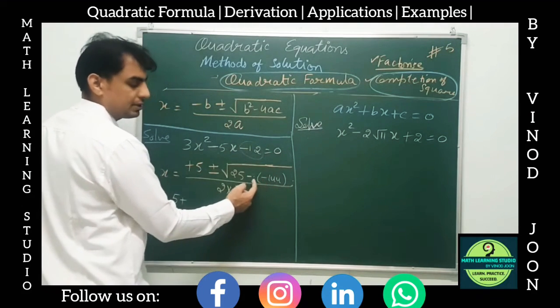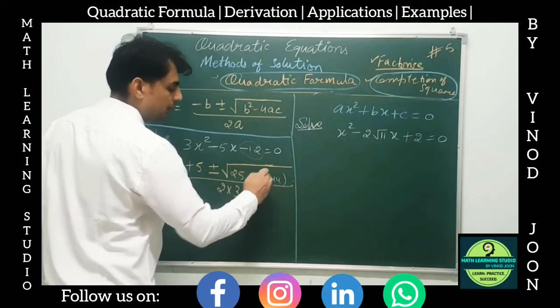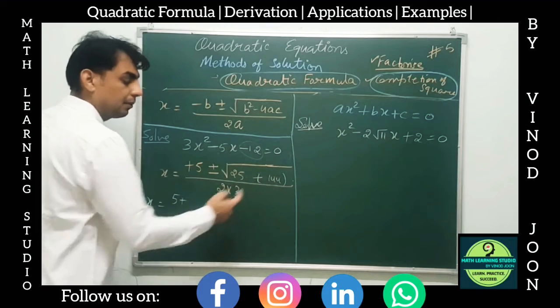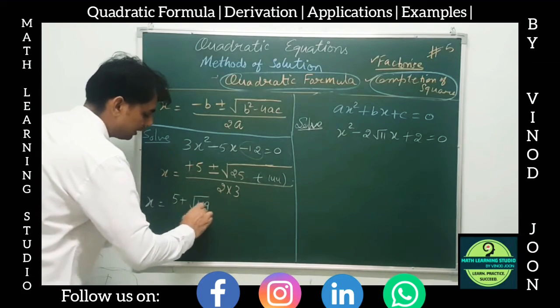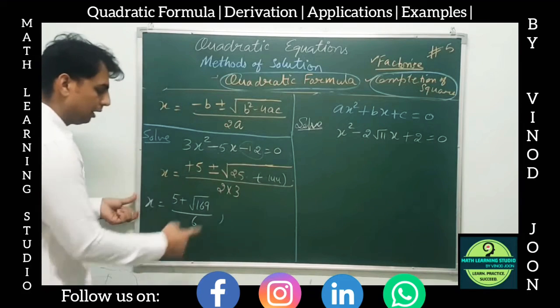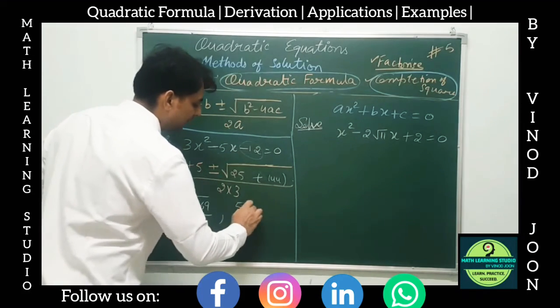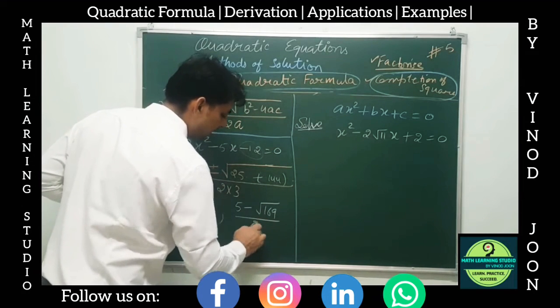And this minus into minus becomes plus, so this will be plus 144. And this becomes root 169. So we'll write here under the root 169 divided by 2a, means 6, 2 into 3. Here it will be 5 minus under the root 169 divided by again 6.